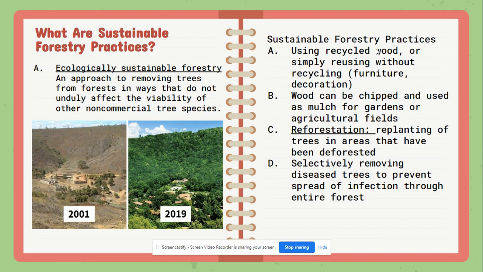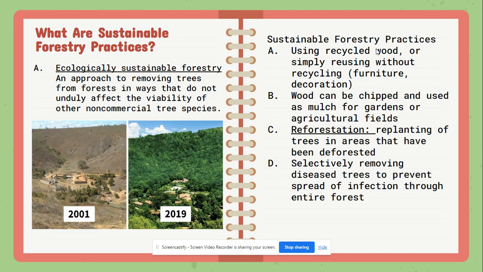In some cases, you might see an ecosystem that has lots of different trees. An ecologically sustainable forestry practice would be one where we're trying to remove trees, but not necessarily remove the entirety of that ecosystem.